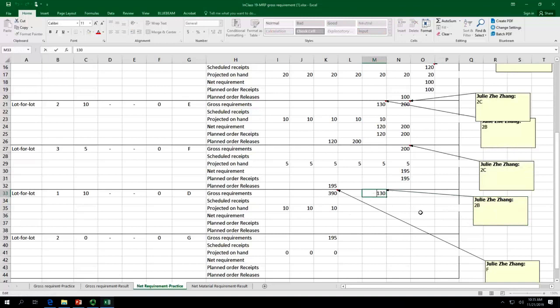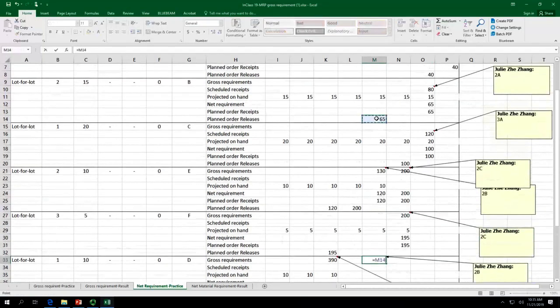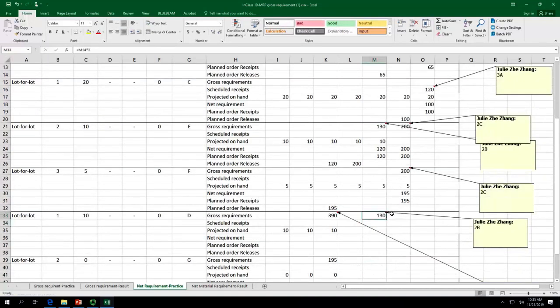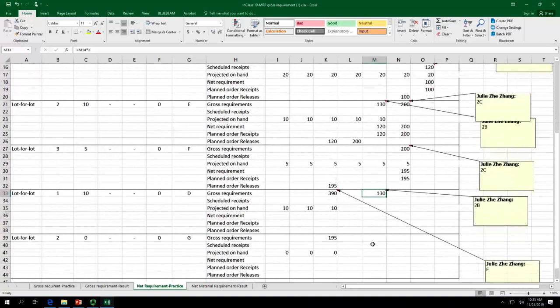130 equals 65 times 2. So here we have 130. Net requirement 130, and planned order, you need to receive 130 as well.